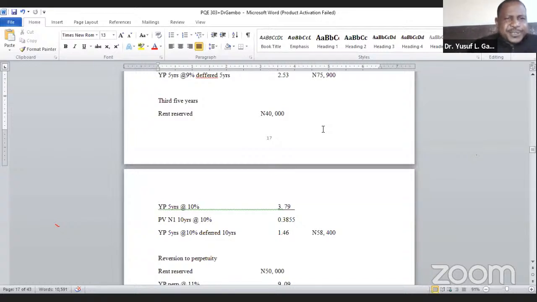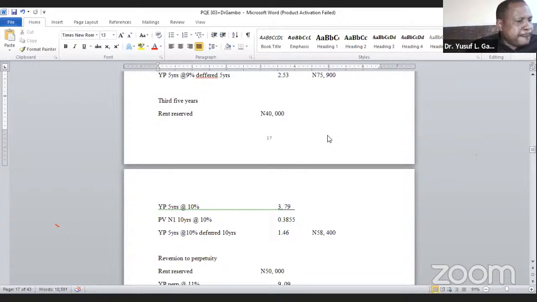It's the same thing. When you look at that, it is YP deferred 5 years at 8% and 10% for 10 years, because that is the third 5 years, the last 5 years. You come to the third 5 years, which is the 15th year.